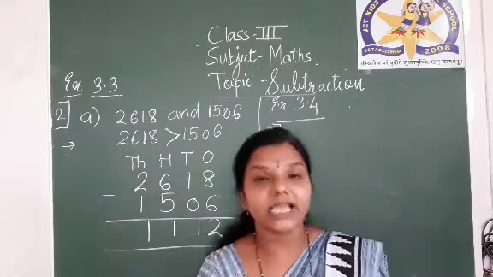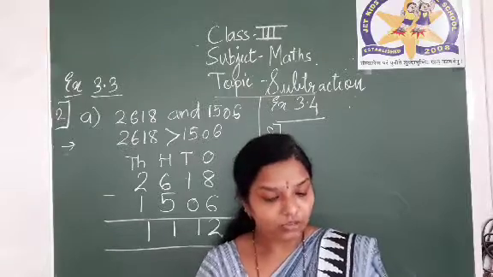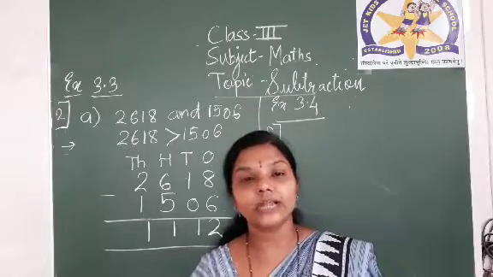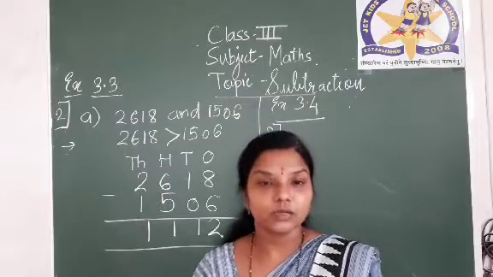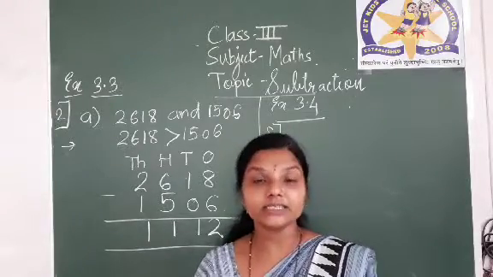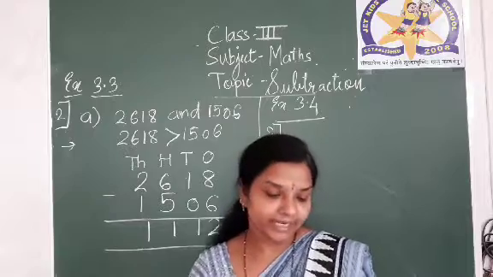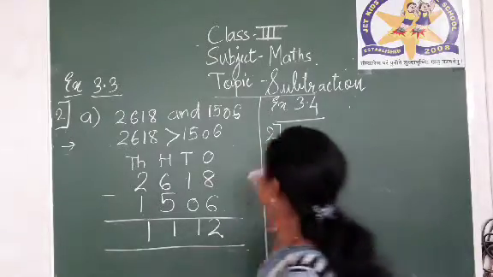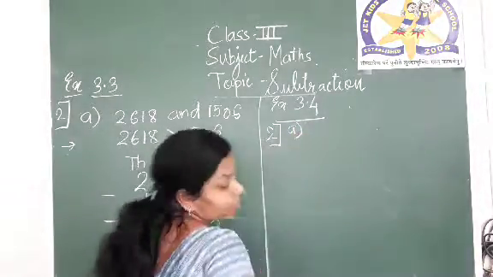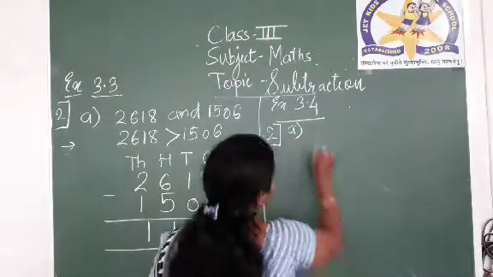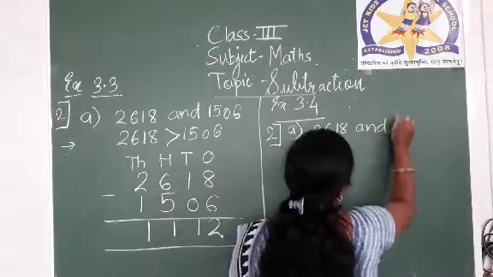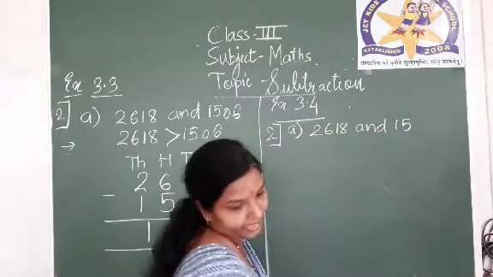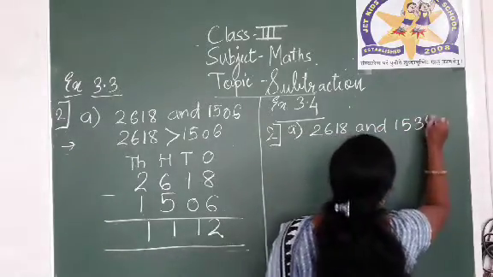Write in columns and find the difference. So students, first we are going to write the numbers in the columns of 1000, 100, tens and ones, and then we are going to find the difference. So let us take the first example. 2680 and 1539.